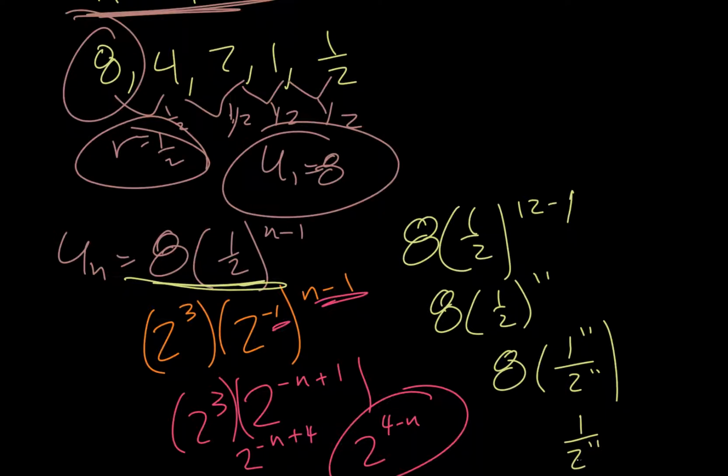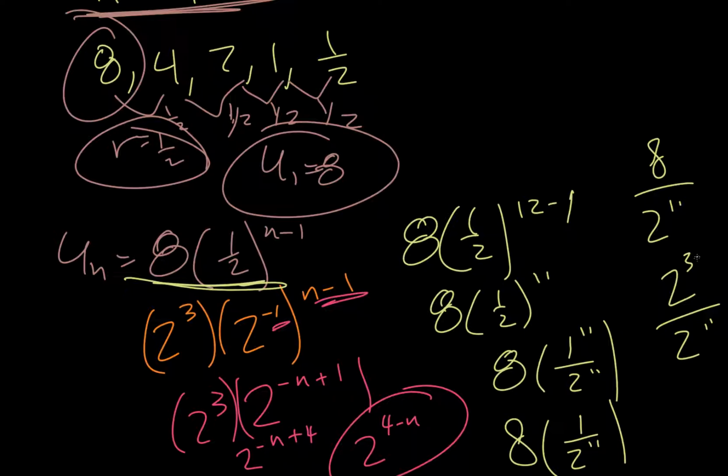I'm going to leave this as 2 to the 11 for a second, and then we still have 8. So if we multiply that over, we actually get 8 over 2 to the 11. If we think of 8 as 2 cubed, we can do that. Now 3 minus 11 is going to leave us with a 1 on top and an 8 on bottom.